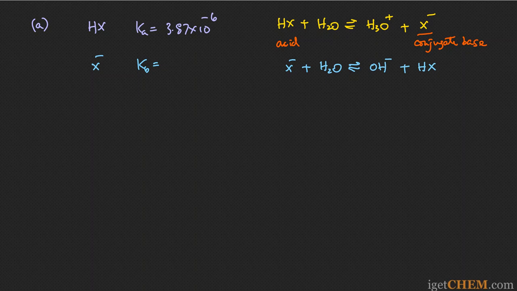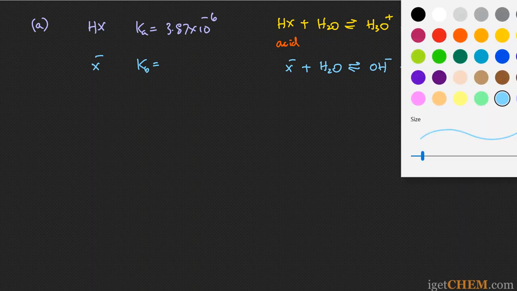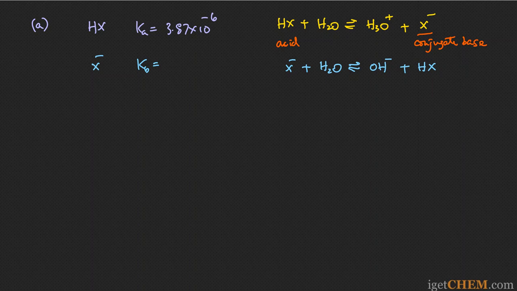So you see in this reaction, on the left side, X minus is acting as a base, and on the right side, it is producing its conjugate acid, which is HX. So we generally say that HX and X minus is a conjugate acid-base pair because they are related to each other via an acid-base reaction.